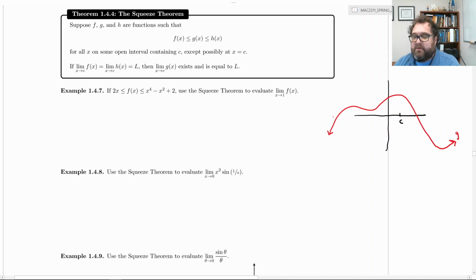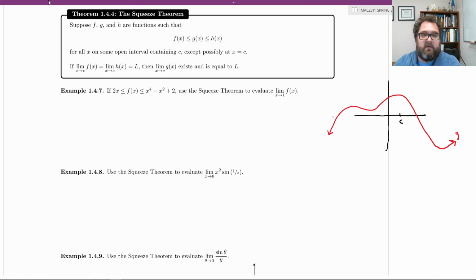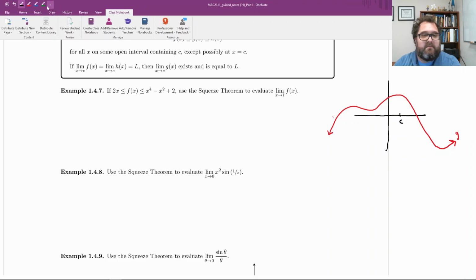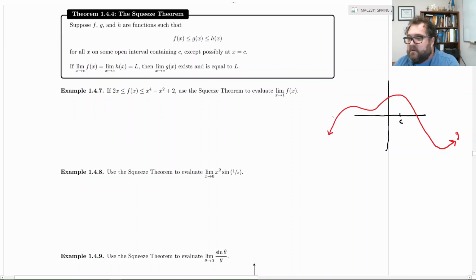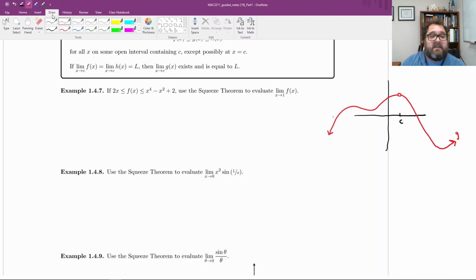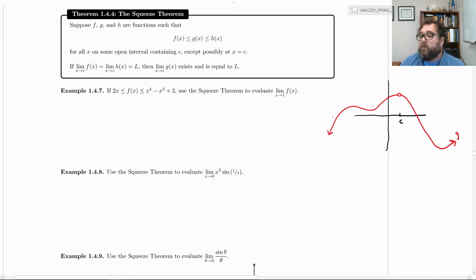Maybe let's put a little hole in the graph, because the function does not have to be defined at c. So let's put a hole right there at c, and make that a little more obvious. Then let's say that we have a function f that, at least when you're near c, is below g.